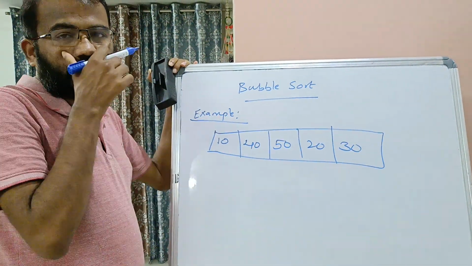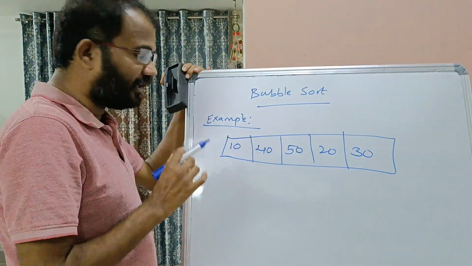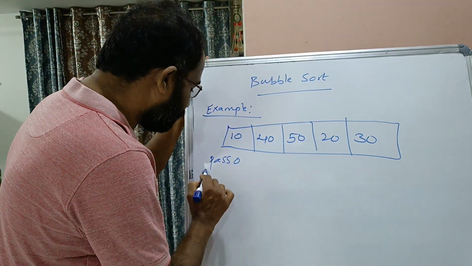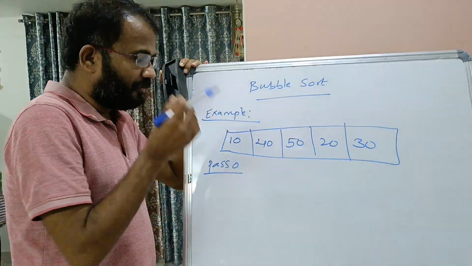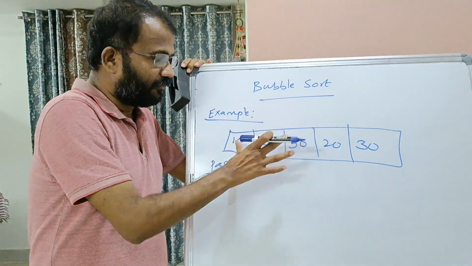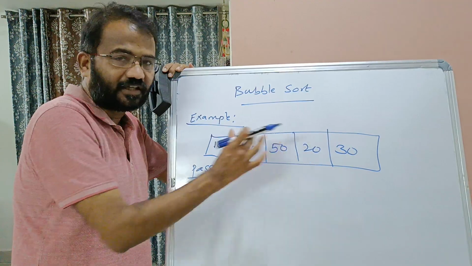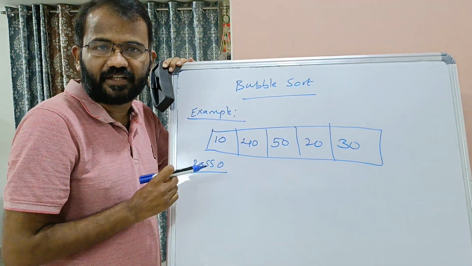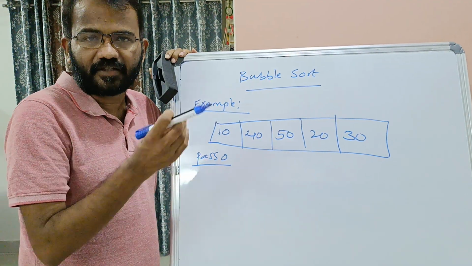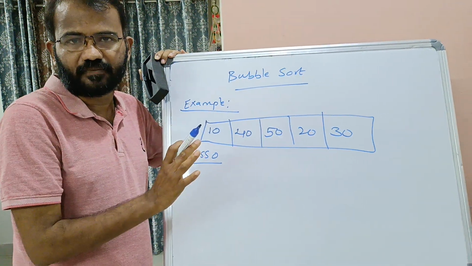Now simply we can call it a pass, not an iteration. Pass 0 contains 4 iterations, because there are 5 elements in the array, which means 4 comparisons are possible. Each comparison we can call one iteration.